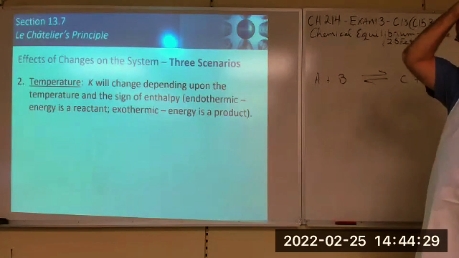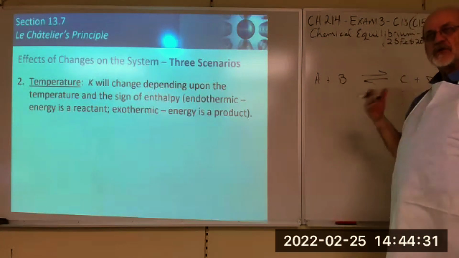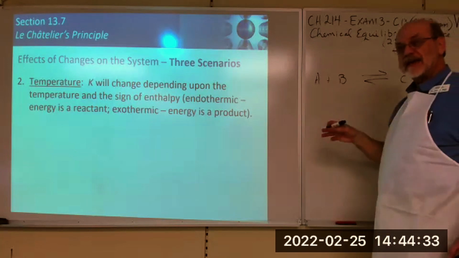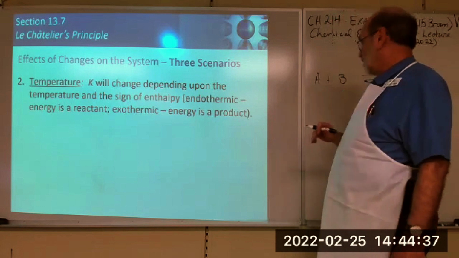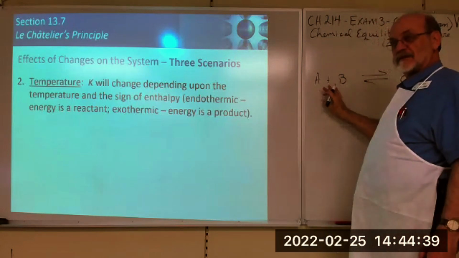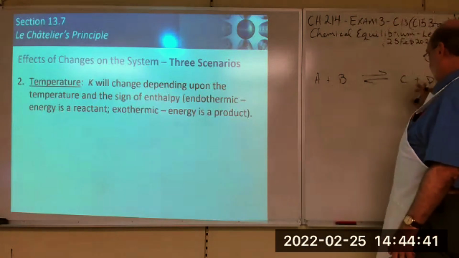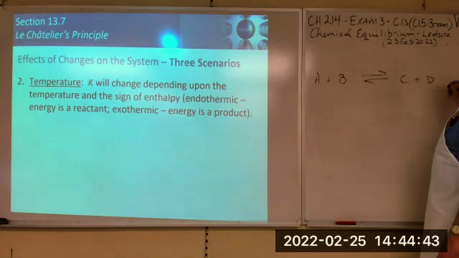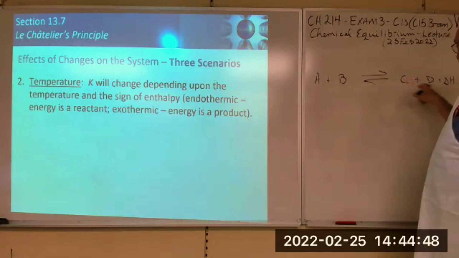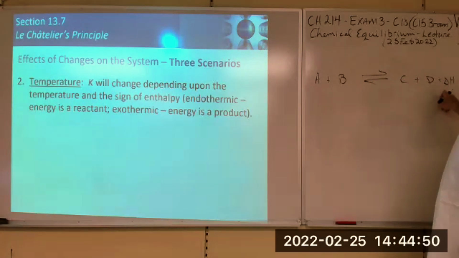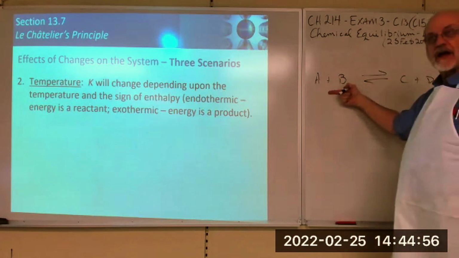If it's exothermic, it's useful to treat the heat generated as a product, because before it was cool and now it's warm. So we have plus some heat. If we say this is a product now, what happens if we change the temperature? If we increase the temperature, we're adding that factor in and it reverses the reaction.